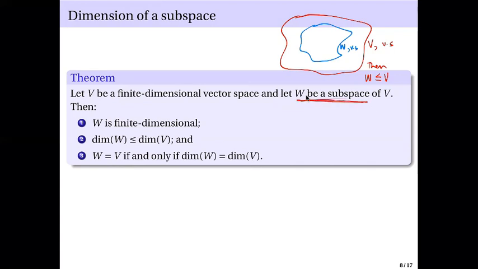If you remove the fact that W is a subspace of V, then the direction, this part implies this part, may not be true. Meaning, if you get two vector spaces with the same dimension, it doesn't mean they are the same vector space. For example, let me add this note. Note for item 3.